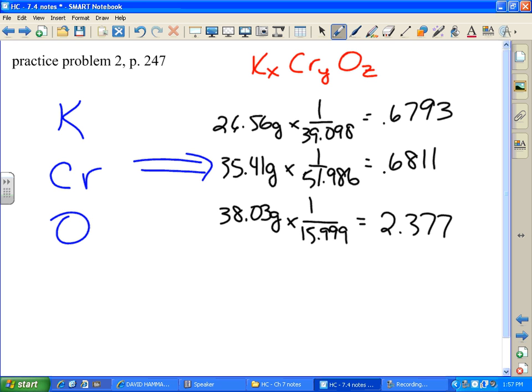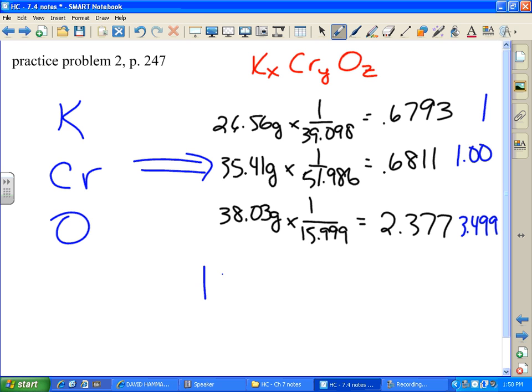Again, once we have mole amounts, these do not become our subscripts, but we divide them by the smallest. When we divide the smallest by itself, we get 1. When we divide 0.6811 by the smallest, we get 1.002, which we can call 1. Then we take 2.377 divided by the smallest, and we get 3.499.